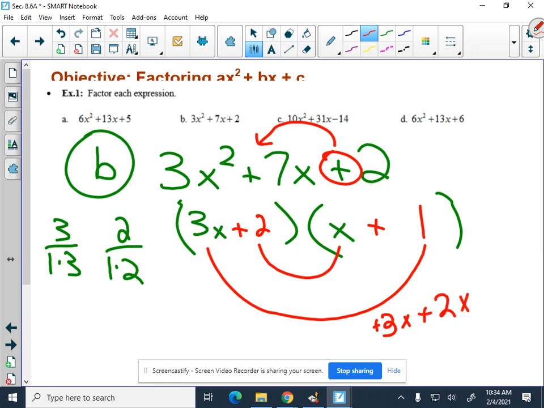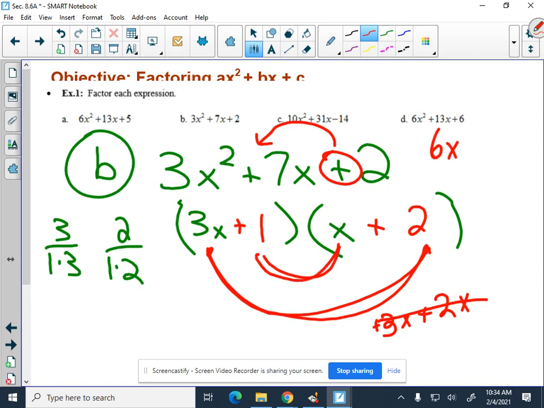I got close, but that only adds up to 5. It doesn't add up to 7. So what happens if I change them around? Now when I multiply these two, this one times this one is 6x. This one times this one is 1x. Since they're both positive, that adds up to 7, so that's my solution.